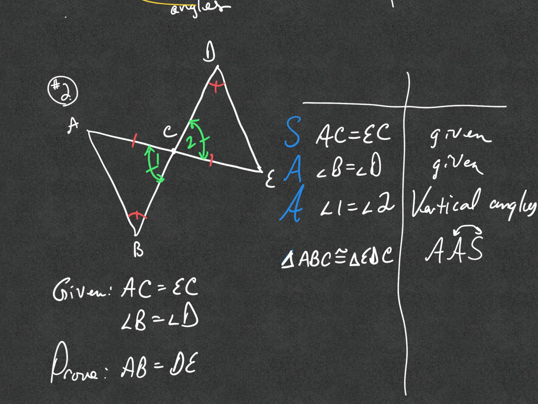Again, I'll choose my highlighter. Once we know these doggone triangles are congruent, then any corresponding parts are going to be equal. So now we can put in our last statement. We can say AB is equal to DE, and I'll highlight those like I've been doing. AB is this fella right here, and DE is this one over here.